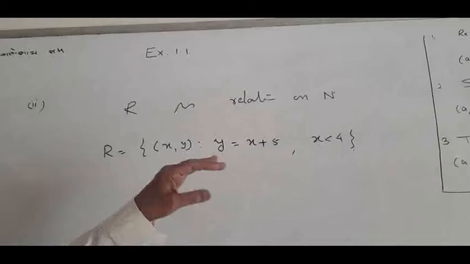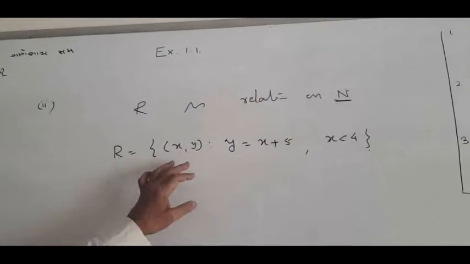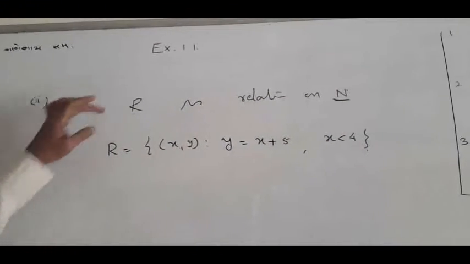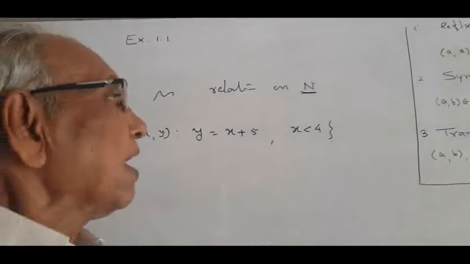Here the set is given as capital N. This x and y are all natural numbers. And this relation is given in set builder form.